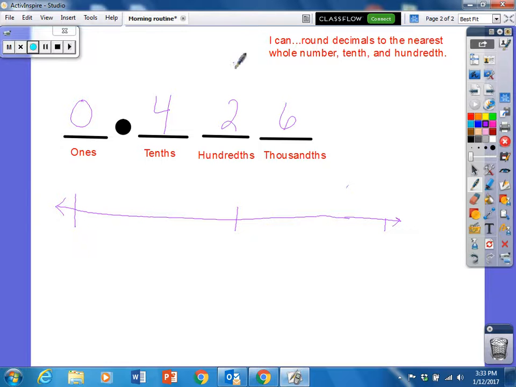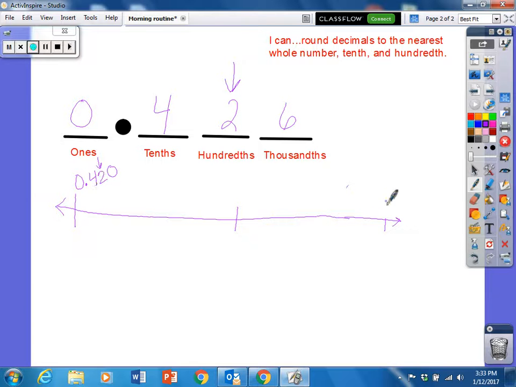So if I'm going to round to the nearest hundredths place, I need to start with that digit. So I have 0 ones, I still have 4 tenths, but I have 2 hundredths. And I'm going to put a 0 placeholder for my thousandths place. So I'm going to start at 420 thousandths. Remember, the 2 is the place we have to start with, and everything before it needs to stay. So we have 420 thousandths.